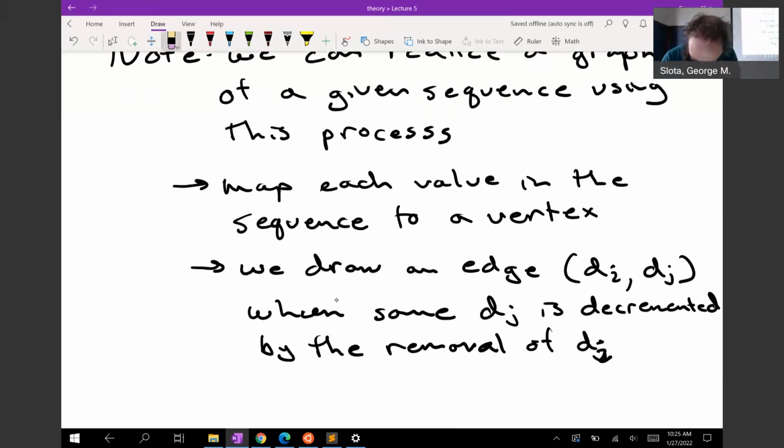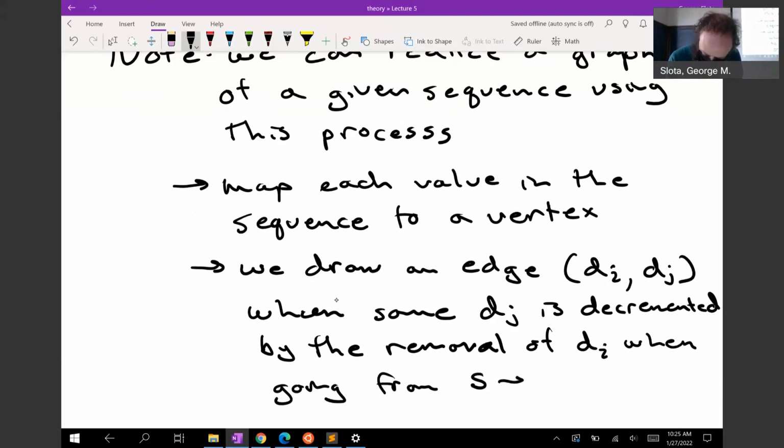The eraser on this thing no longer works, so I have to manually erase. So d sub I, going from S to S prime, and in general, S prime to S double prime, triple prime, etc.